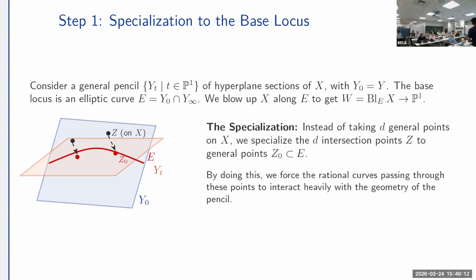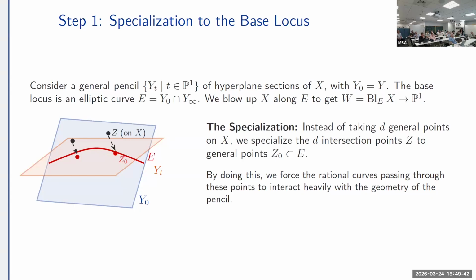So now, the base locus of this hyperplane section is going to be an elliptic curve if you ask for this pencil to be general enough. And then we had some points that we were fixing. So you fix some points on Y, and he says, let us specialize these points to the base locus. Let's see what happens.